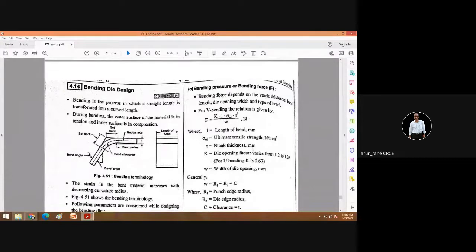Then how to calculate the bending force? This is the formula for calculating the bending force.